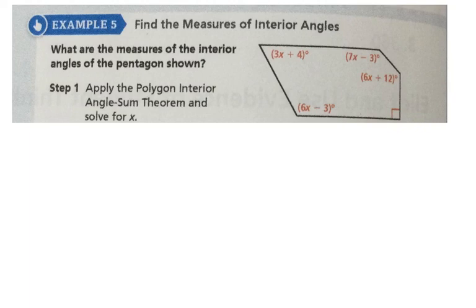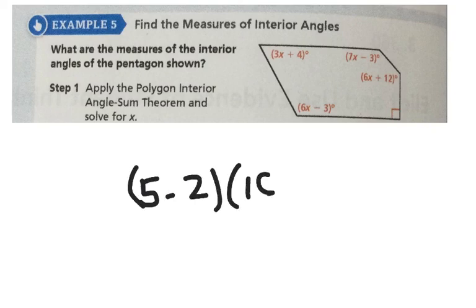So I would do 5 minus 2 times 180, because that's my formula. N minus 2 times 180. That's going to give me 540. So what does this mean? If I add all 5 angles, they have to add to be 540.